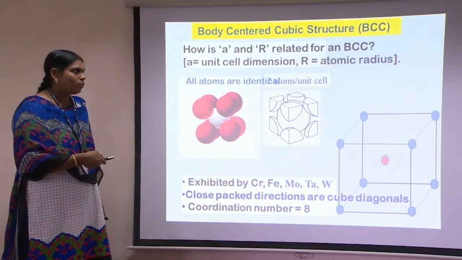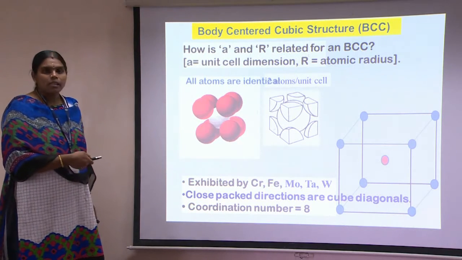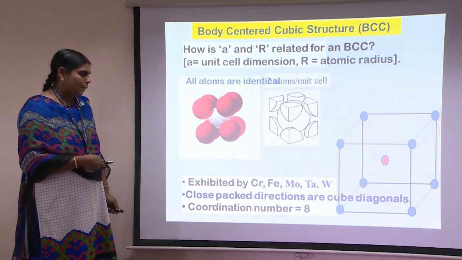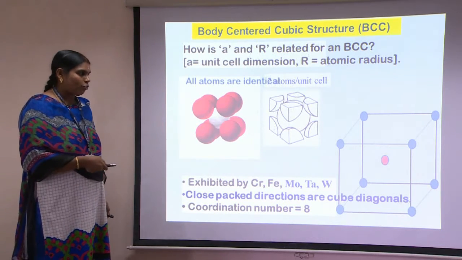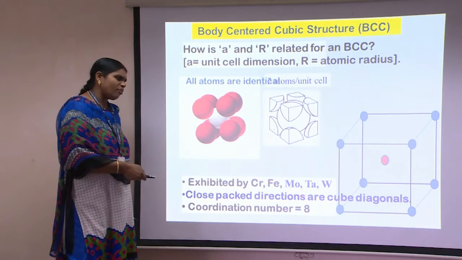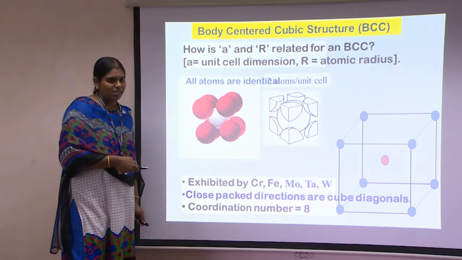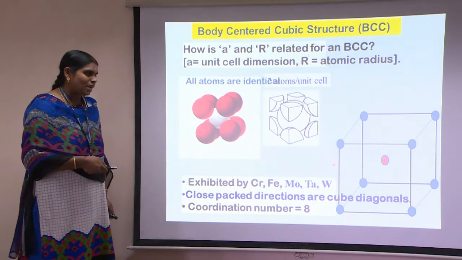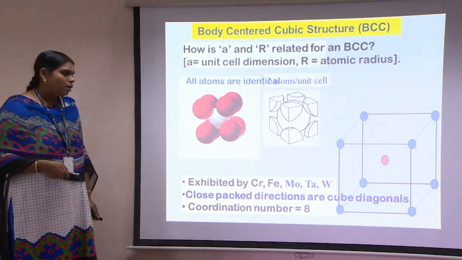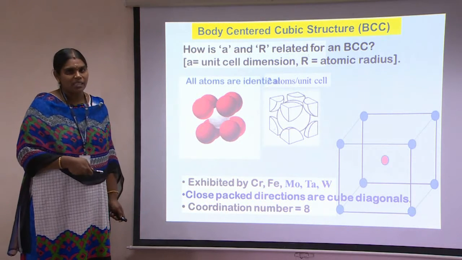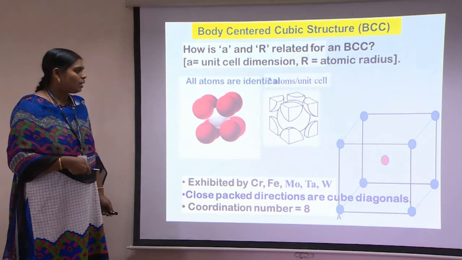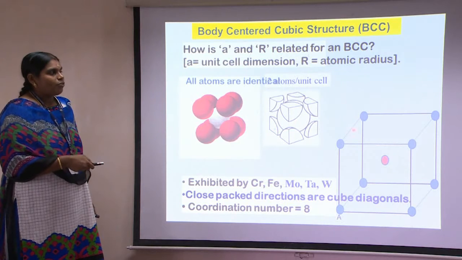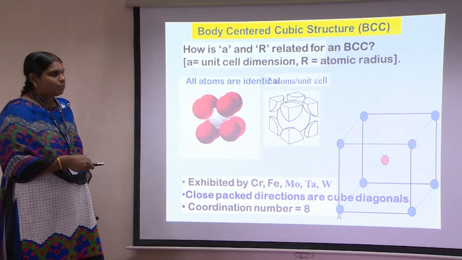First we can start with the basics, that is the number of atoms per unit cell. There are a lot of elements which possess BCC. We can see that tantalum, tungsten, molybdenum, then iron, chromium, everything has a BCC structure. And how do we calculate the number of atoms? We recapitulate from simple cubic.